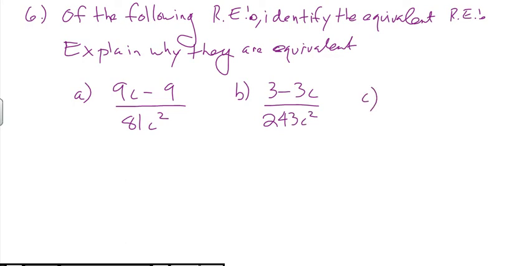C, 81c squared minus 81c over 729c cubed. Okay, so A, B, and C might all be equivalent. A and B might be, A and C might be, B and C might be. That's really all the possibilities, right? So, which are equivalent?